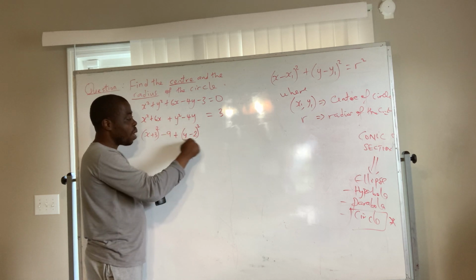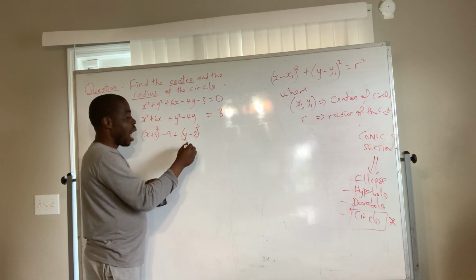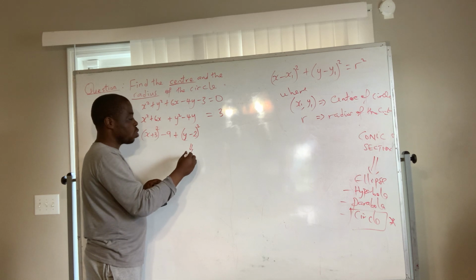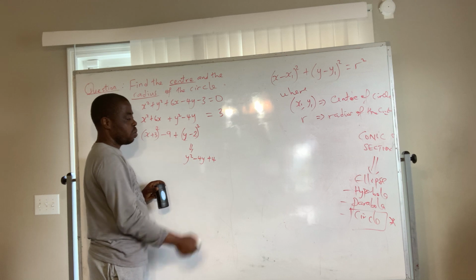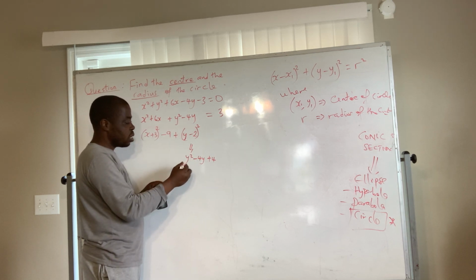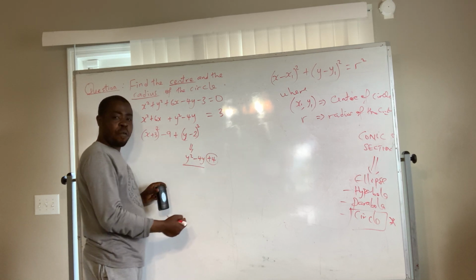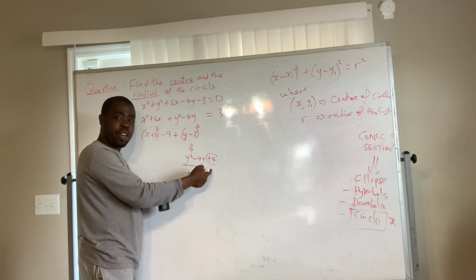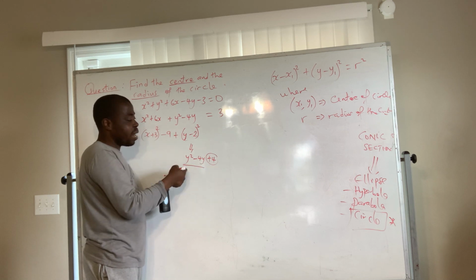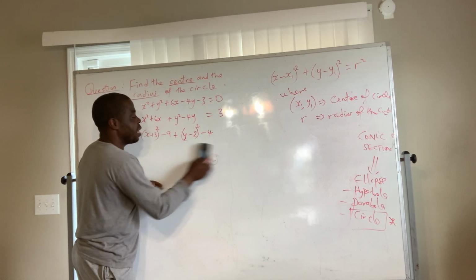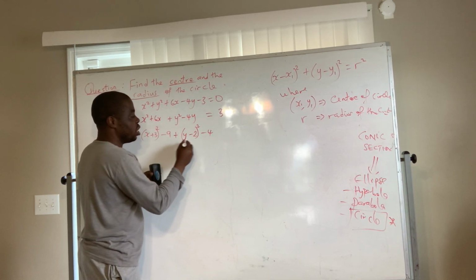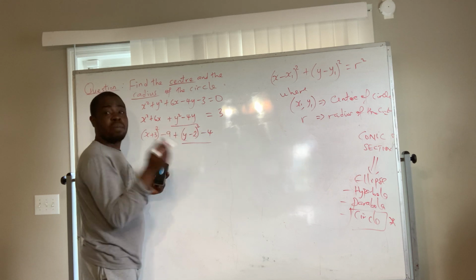Now, if I expand this again, I'm going to have y squared minus 4y plus 4. This is a trouble for me because I have an additional 4, a constant, being added to it. So I need to remove that number. Now, at this stage, this and this are the same thing.